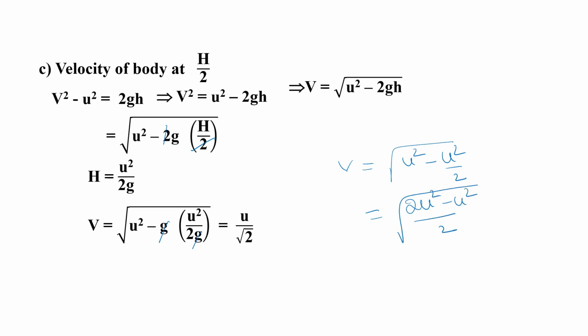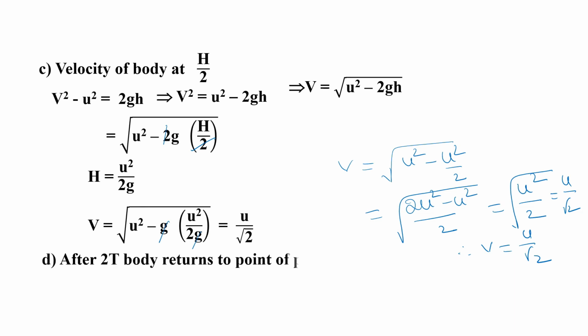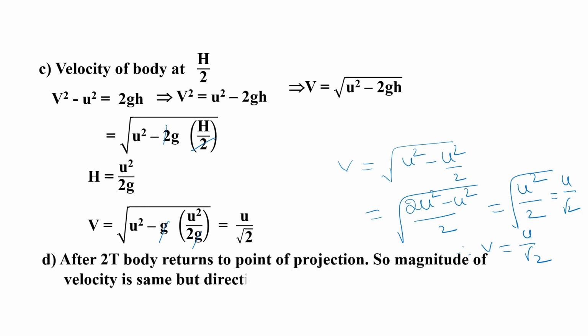So this becomes u by root 2. Therefore v is equal to u by root 2. Okay. After 2t, the body returns to the point of projection, so the magnitude of velocity is the same but the direction is opposite. So the first option is correct.